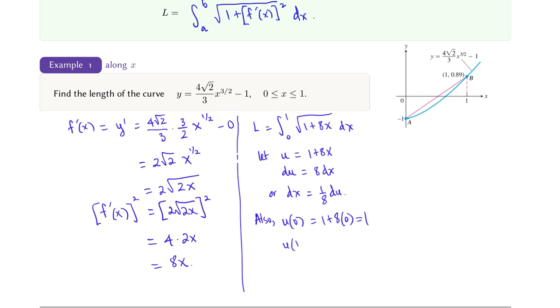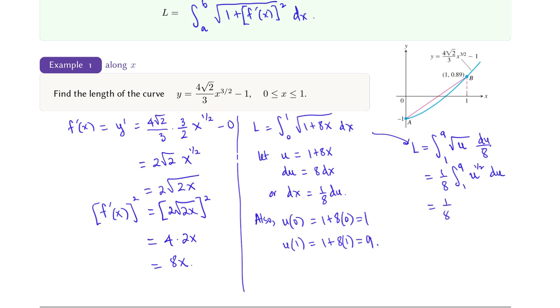When x is 1, u is 1 plus 8 times 1, which is 9. And so using substitution, the length is the integral from u equals 1 to u equals 9 of the square root of u, du over 8. This integral is now in terms of u, as well as the lower and upper limits of integration.